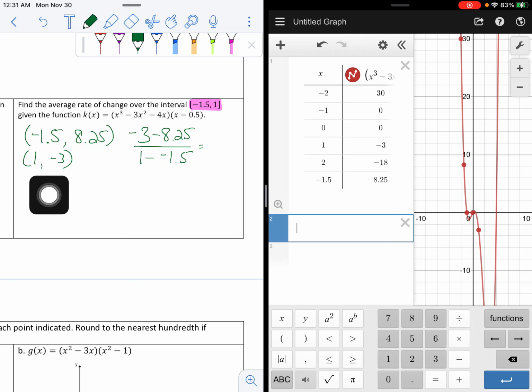So I did y value minus y value over x value minus x value. Okay. So this is going to be negative 11.25. You can use Desmos as it's written here, okay? And then positive 2.5. And then if I divide those, I'm going to get negative 4.5.